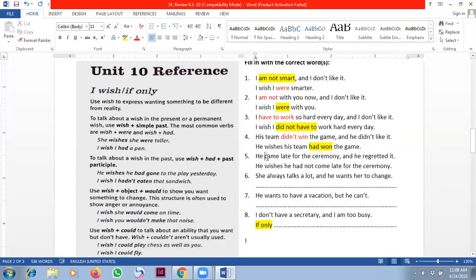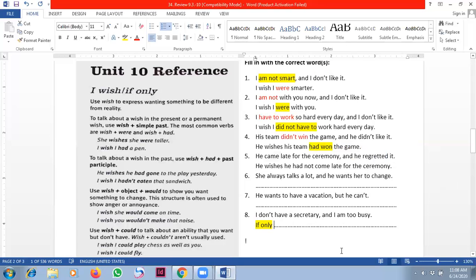So here past tense positive, here past perfect negative, and so on. If you see "if only", then it is of course second conditional. For example, I don't have a secretary and I'm too busy.